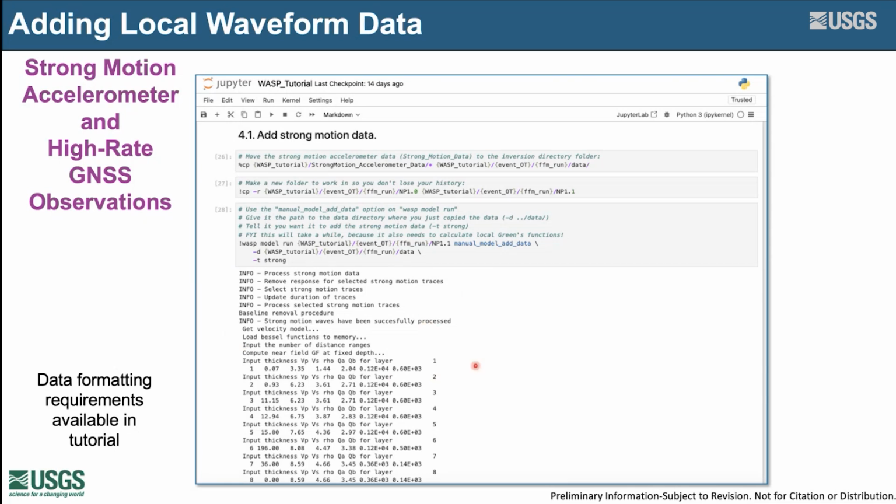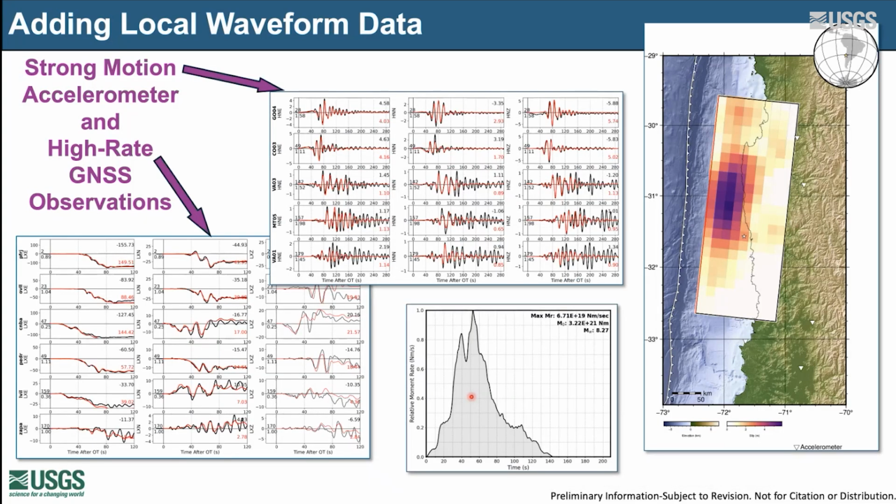And then here, using a 1D velocity model, it is calculating the local Green's functions required for the inversion. Depending on how big your region is and how far away your stations are, calculating local Green's functions can certainly take a while. So we're going to skip ahead to the results of this included local waveform data and see some nice figures.